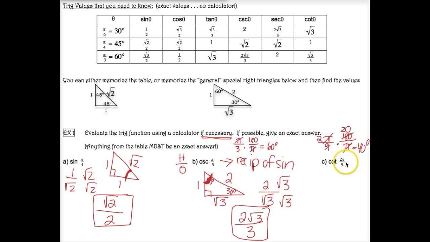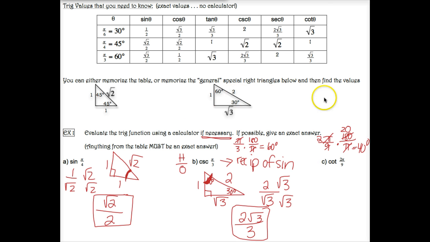So 2 pi over 9 is 40 degrees. 40 degrees is not in any of my special right triangles. So that means that I am going to have to use my calculator on this one. Only when it cannot be written as one of our 30, 45, 60 angles are you allowed to use your calculator. So this is the cotangent of 2 pi over 9.